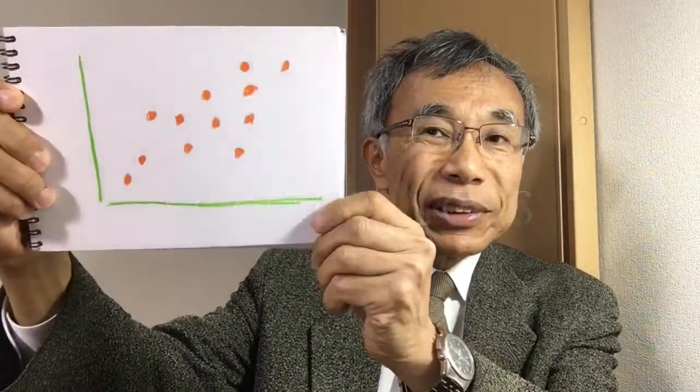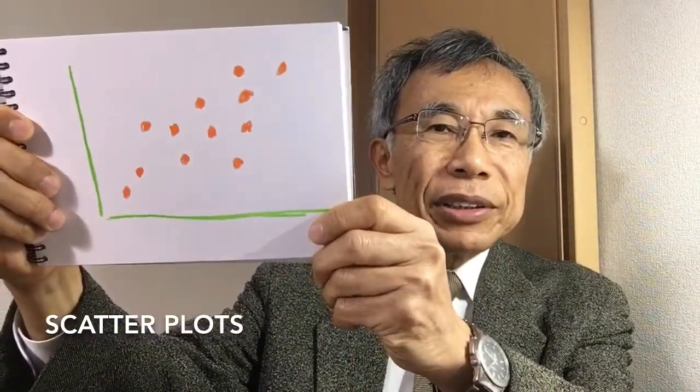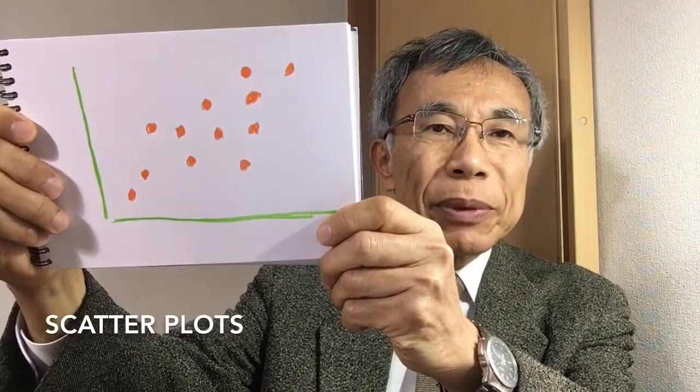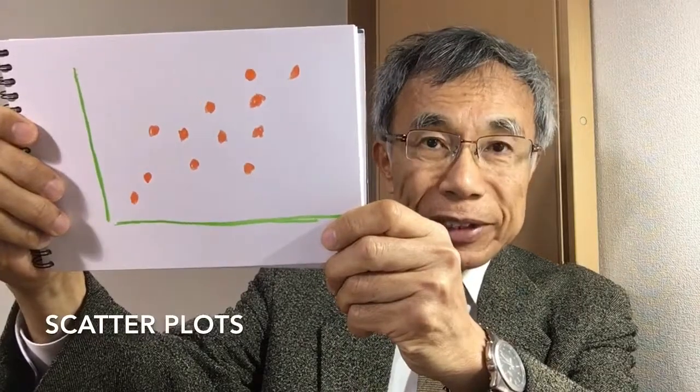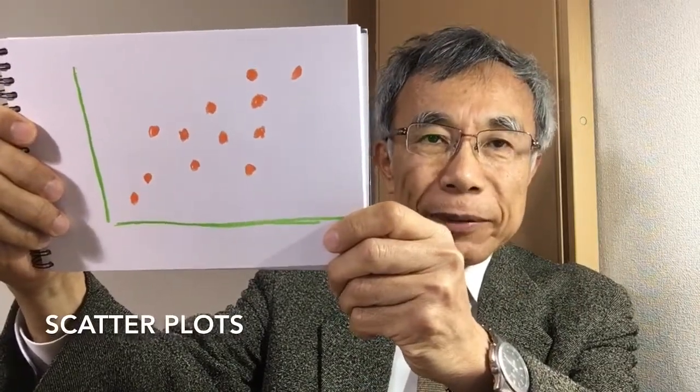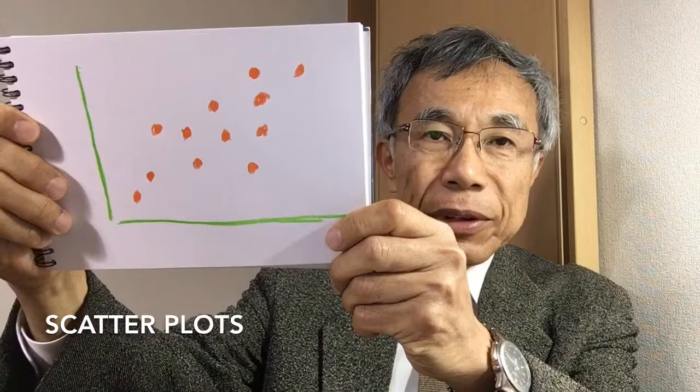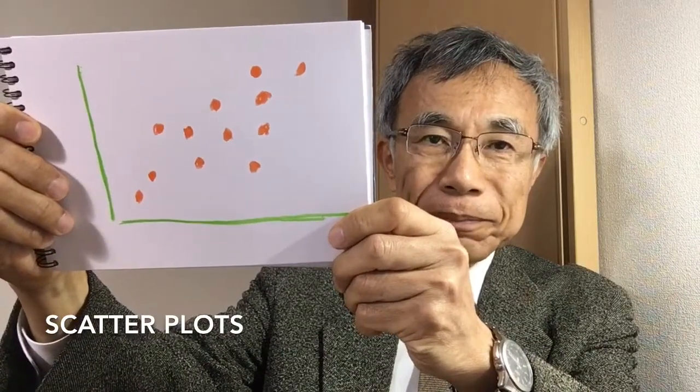Scatter plots. Scatter plots display the relationship between two quantitative or numeric variables by plotting one variable against the value of another variable.